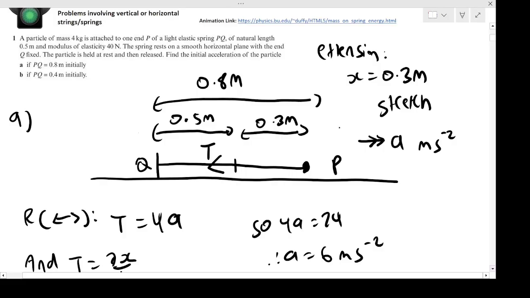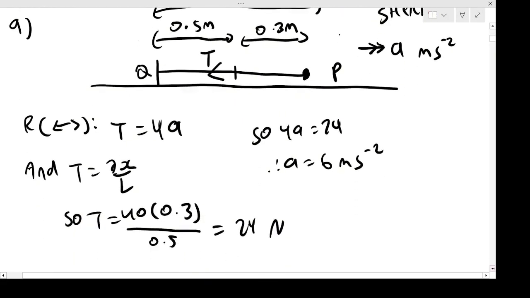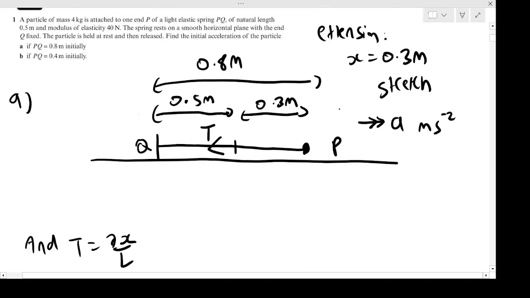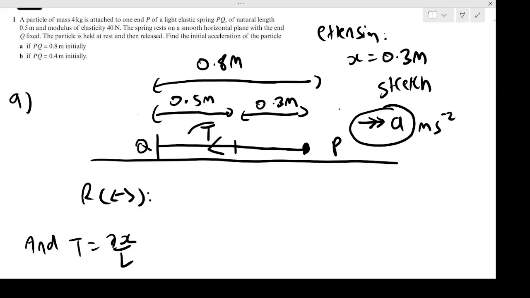If we weren't too sure about where to put the acceleration, that's fine, because if we resolve right and left, in the direction of acceleration the tension is now in the opposite direction, so it's minus T equals 4A. That's F equals MA again, but now the tension is negative.